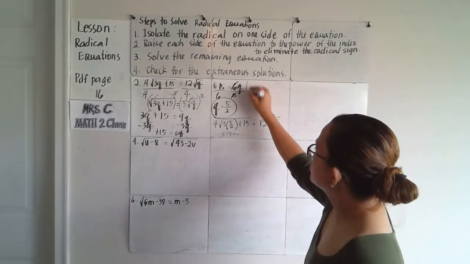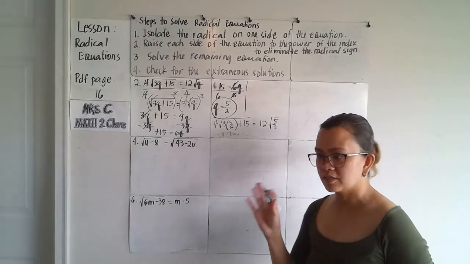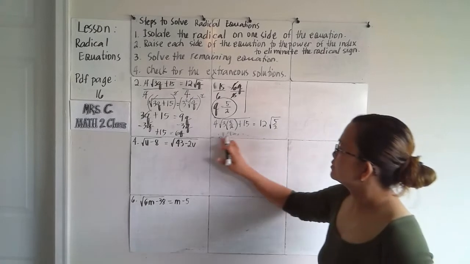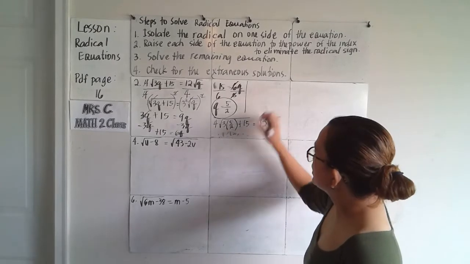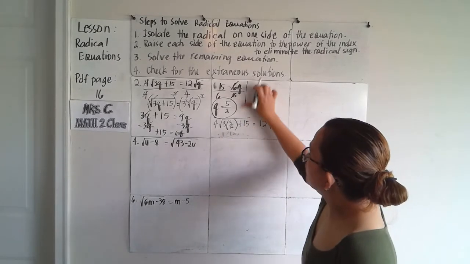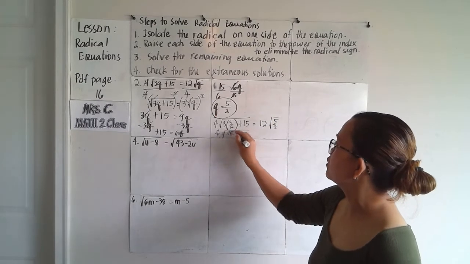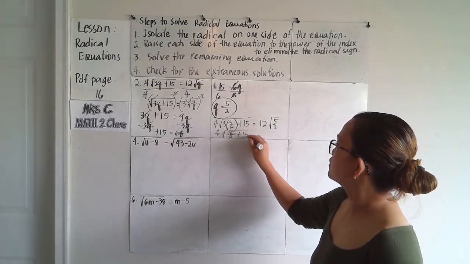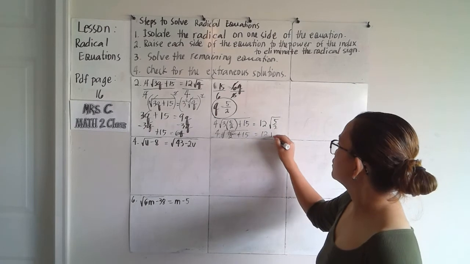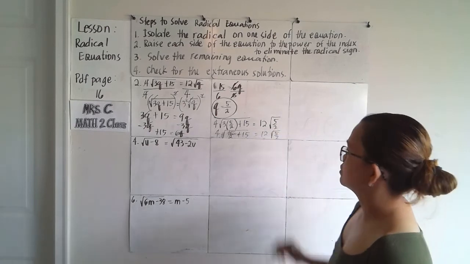Space really matters at this point. So that will give you 4 times the square root of 15 over 2 plus 15 is equal to 12 square root of 5 over 2.